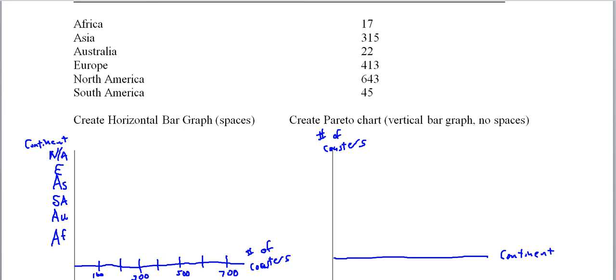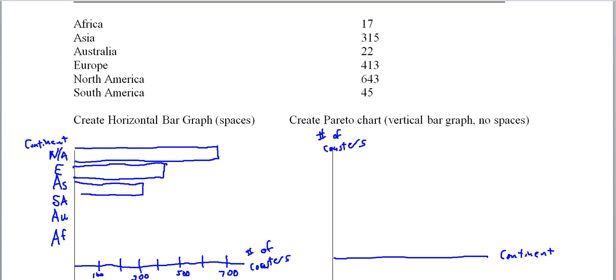All right, so North America being the highest, 643 roller coasters, probably more to come every single year. All right, so there we go, 643. Europe, not too bad. So 413. And now we have Asia with 315.